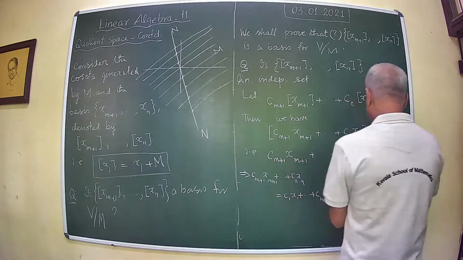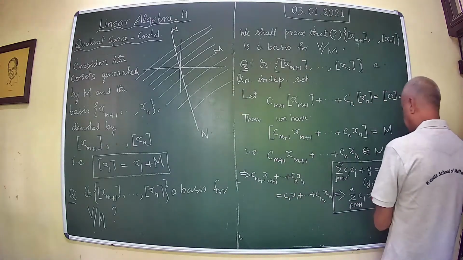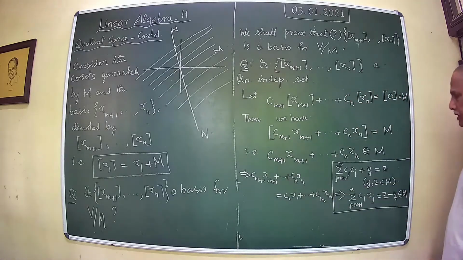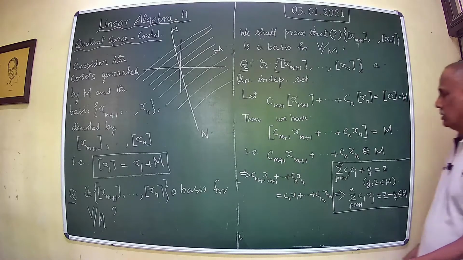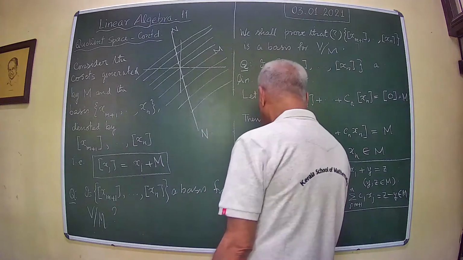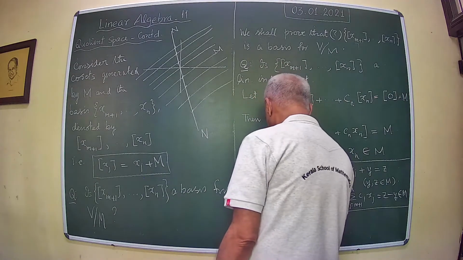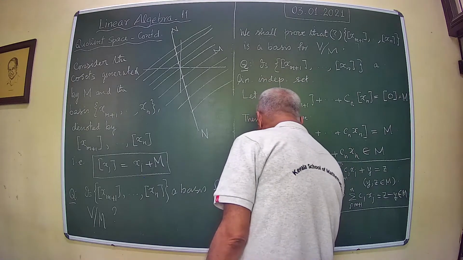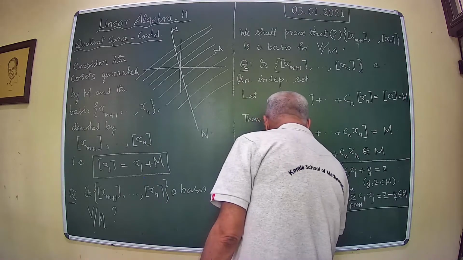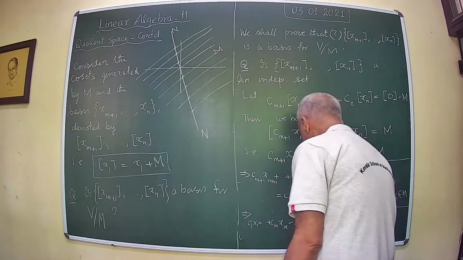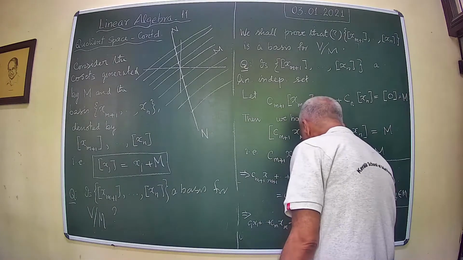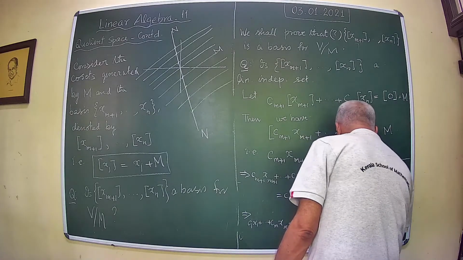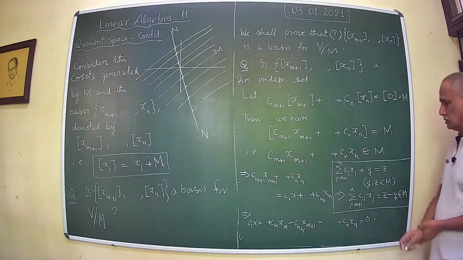That means this is a vector in M, and that vector can be written as a linear combination of x_1, x_2, etc. What does this mean?